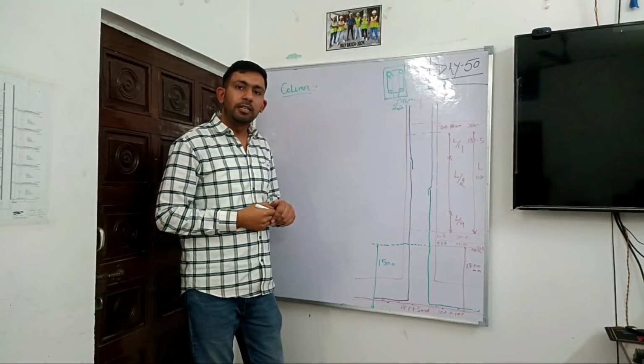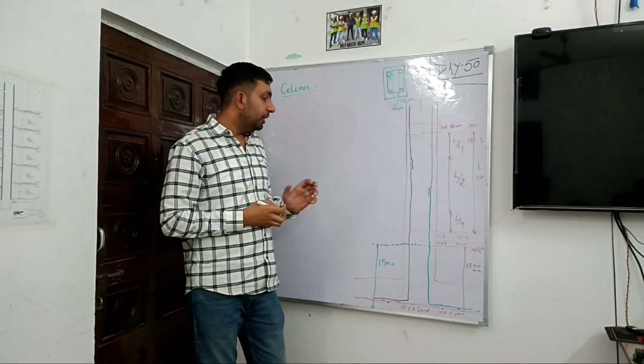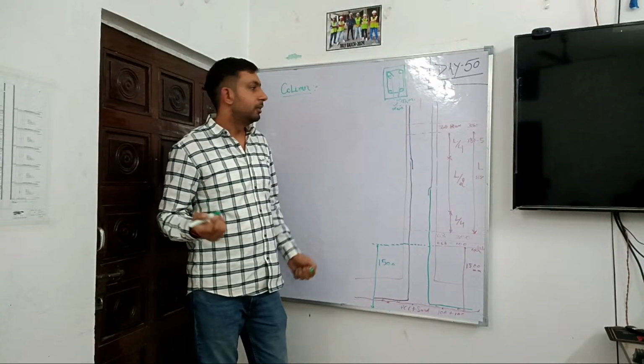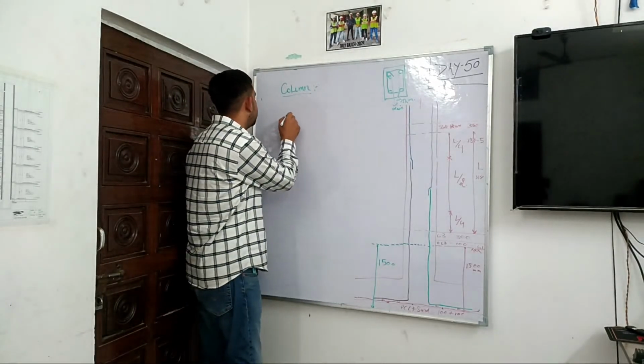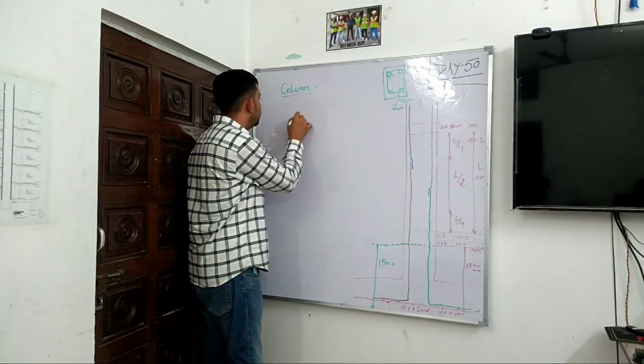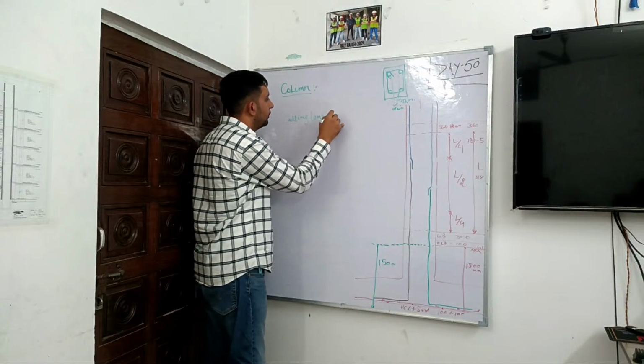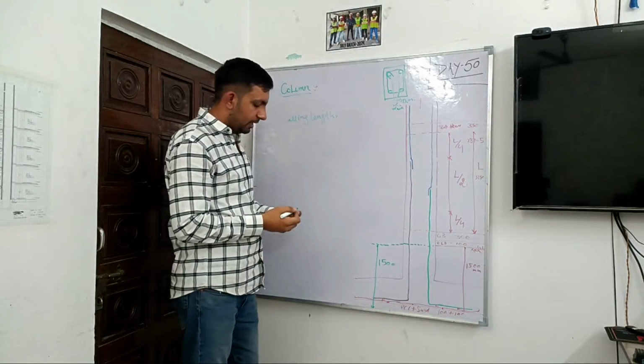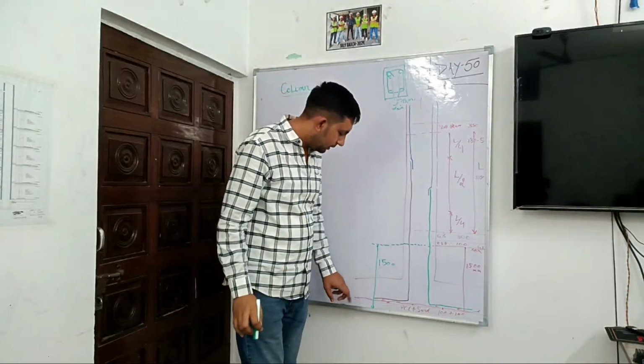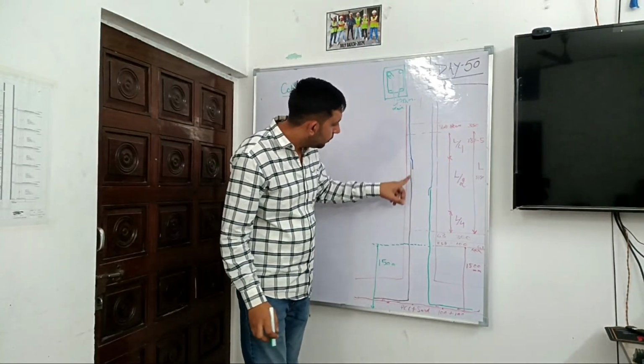So let's start and calculate the cutting length of the main reinforcement rod. Cutting length. Let's start from the below point. This is my main rod.